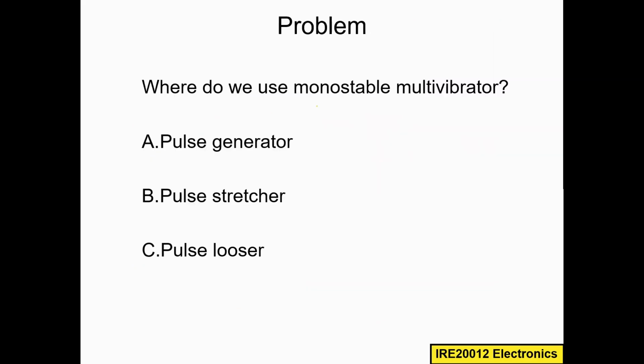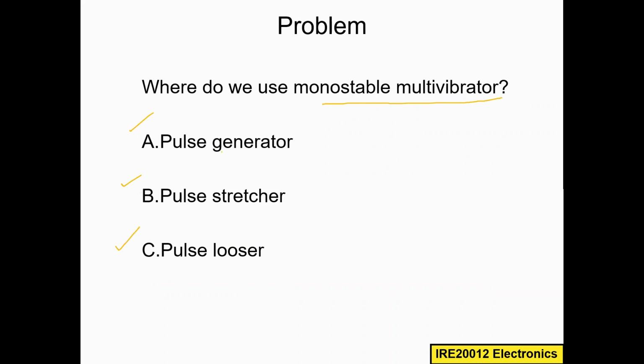So where do we use this monostable multivibrator? This is a question, just like a multiple choice question. Do we use this monostable multivibrator for pulse generator, or in pulse stretcher, or in pulse looser?